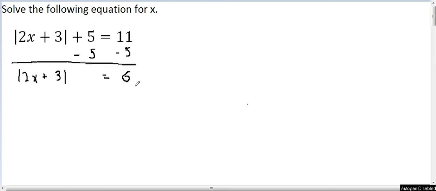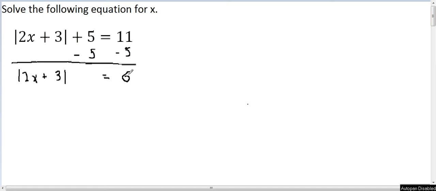Now we take a look at the number on the other side from the absolute value. If this number were negative, then we get no solutions since an absolute value of any number is either a positive number or 0. If this number were 0, then we can just remove the absolute value symbols and just solve for x.